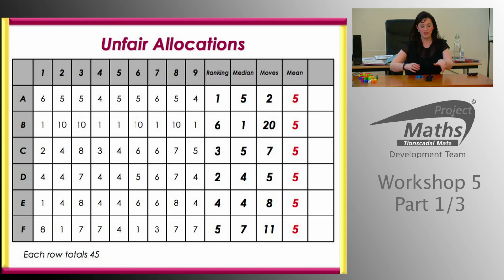Okay, so B, do you want to call that out for me as well? It's 1, 10, 10, 1, 1. Oh, 10. Perfect. Okay. What's the first thoughts on this distribution?